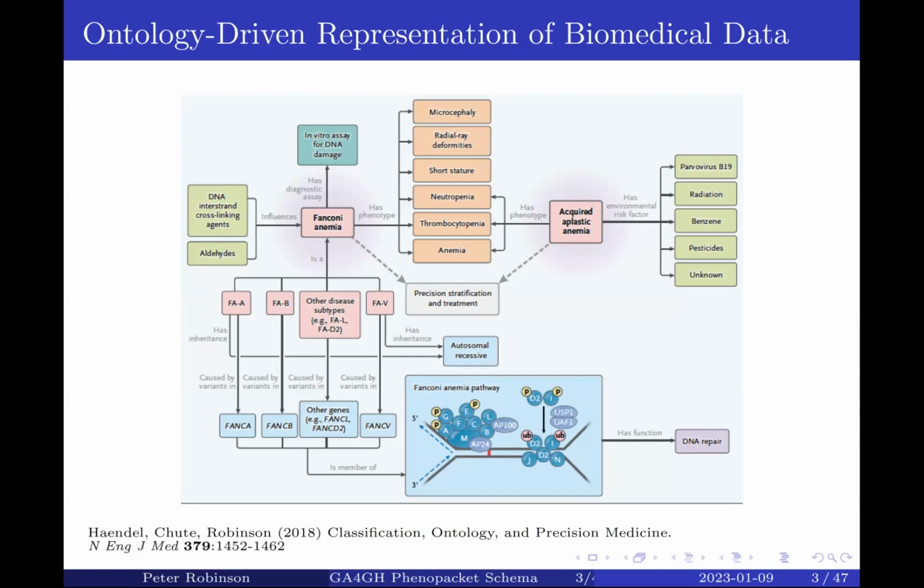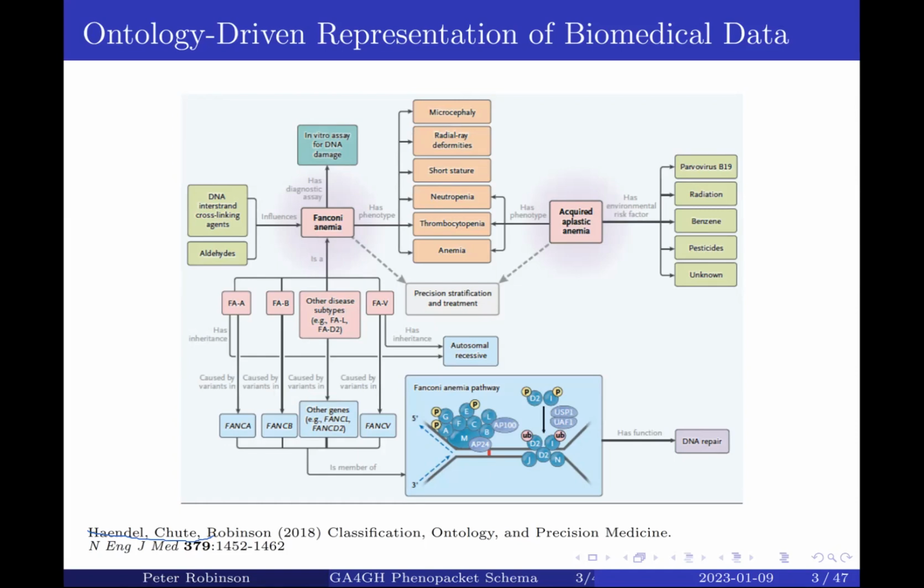Of how the various ontologies that the open source community have developed over the last decades are now coming together to enable sort of a comprehensive model of disease. And so just to go through this example, we're talking about Fanconi anemia.